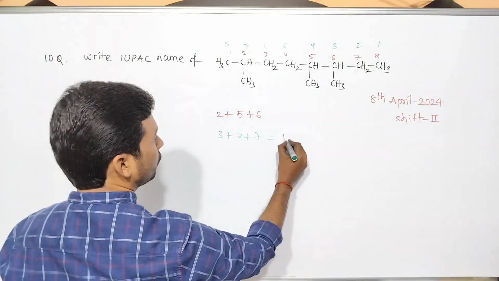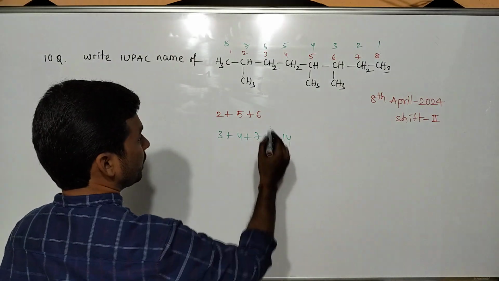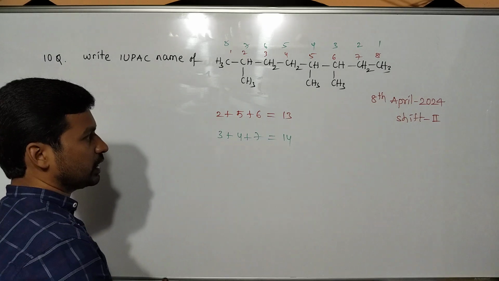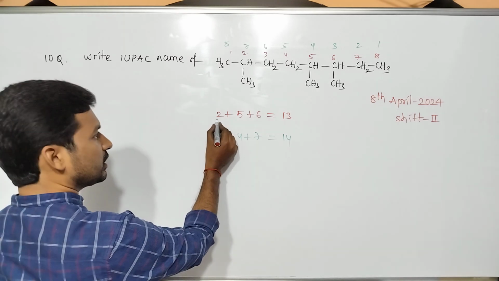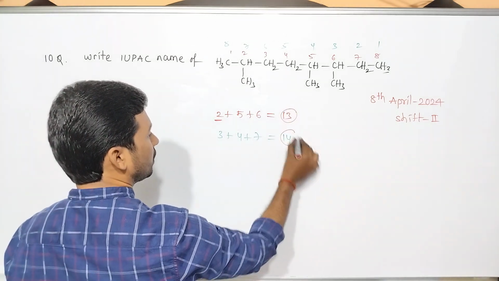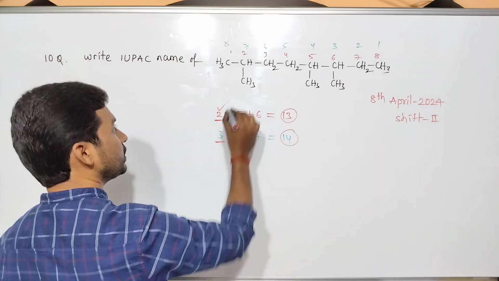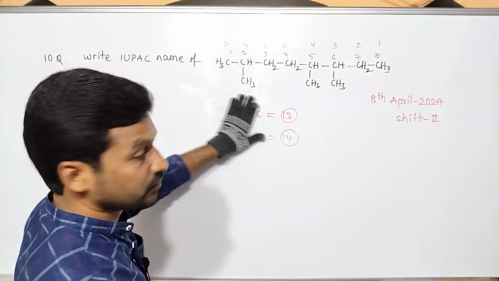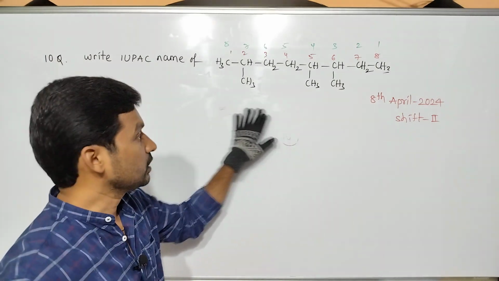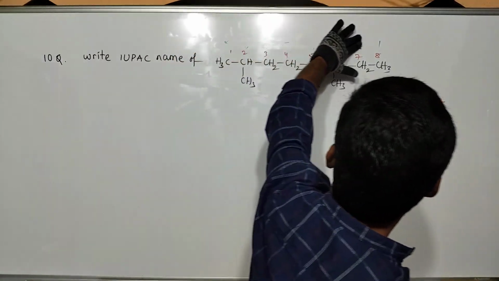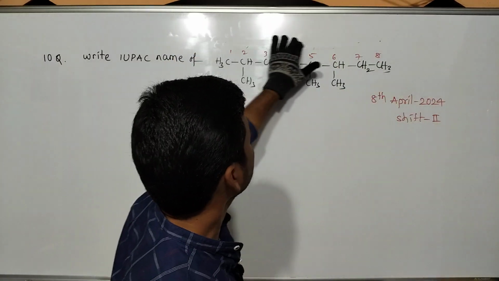This total becomes 14, but here the total becomes 13. But first take the first point of difference, not the total. The total is not considerable; the first point of difference is. First point of difference, 2 is correct. So this numbering will be correct here. So I am giving numbers like this.